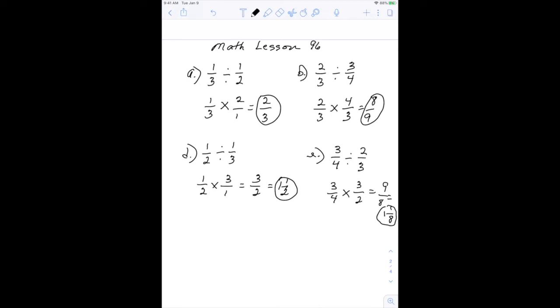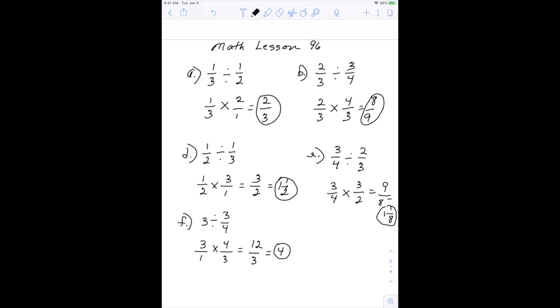Let's look at F. 3 divided by 3/4. Well, we know 3 is the same as 3 over 1, so we're going to leave it 3 over 1, change it, flip it, and multiply. 12 divided by 3 is 4.